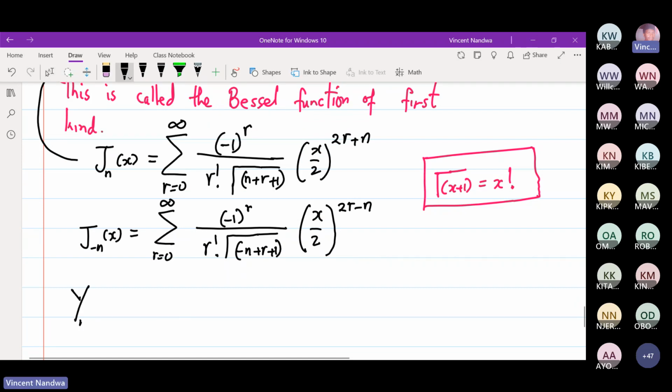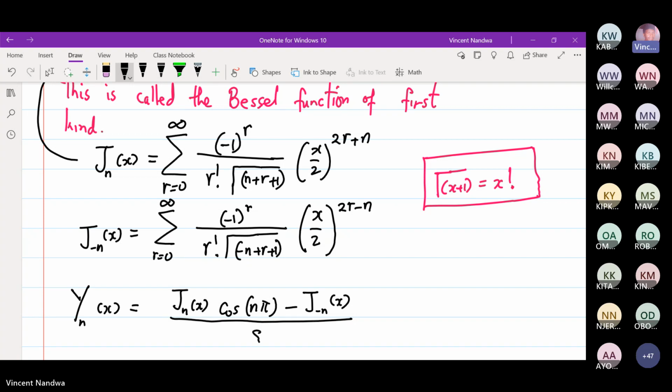And then Yn is given by Jn of x multiplied by cosine of n pi, minus J minus n, divided by sine of n pi. So this is called the Bessel function of the second kind.